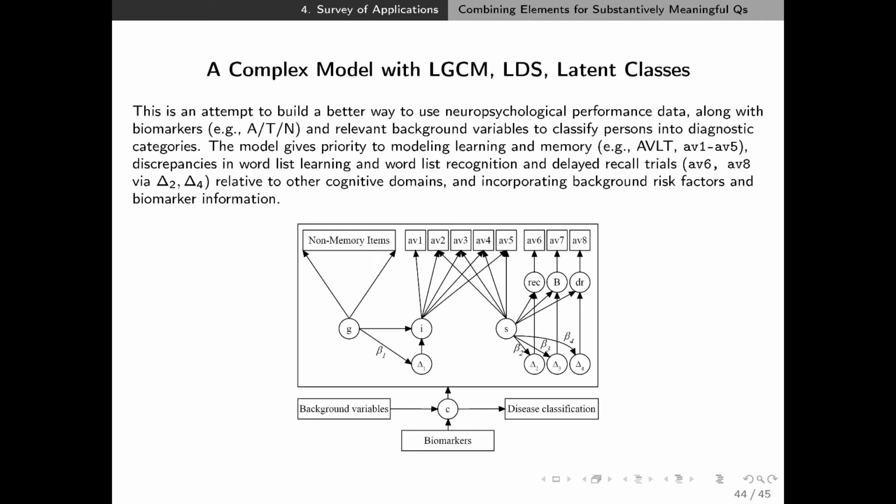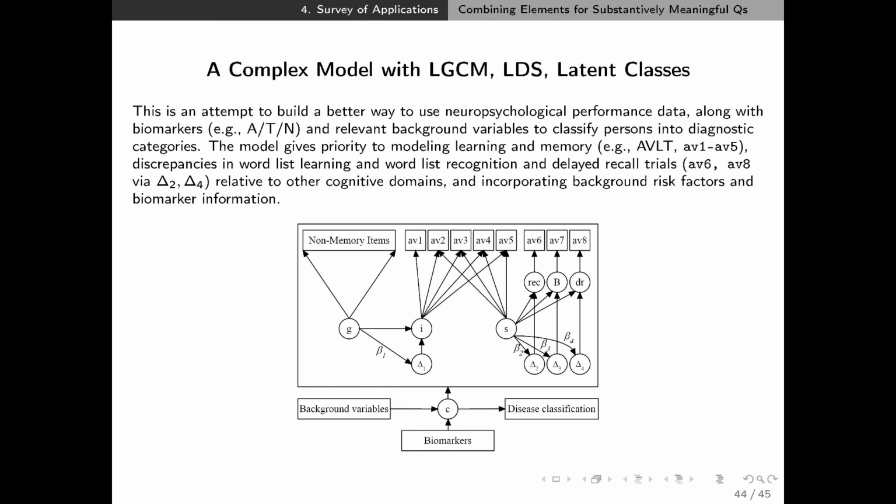I've got some latent difference score factors here that are capturing differences between the number of words learned and the recall task performance, differences in the number of words learned and the list B list, and the difference in the loss in words between the delayed recall task. And all these are the variables that encode what I imagine would be clinically or substantively interesting information derived from that complex task.